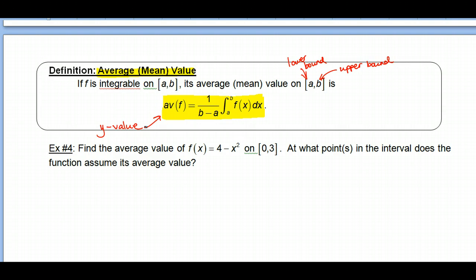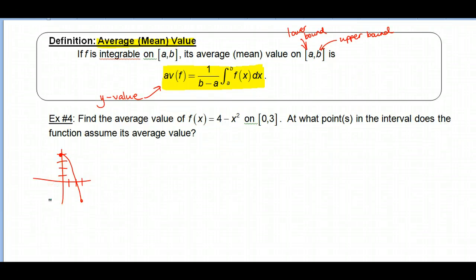It's an upside down parabola at 4, so from 0 to 3, and it keeps going. If you don't remember how to graph it, I just wanted to try to show you.